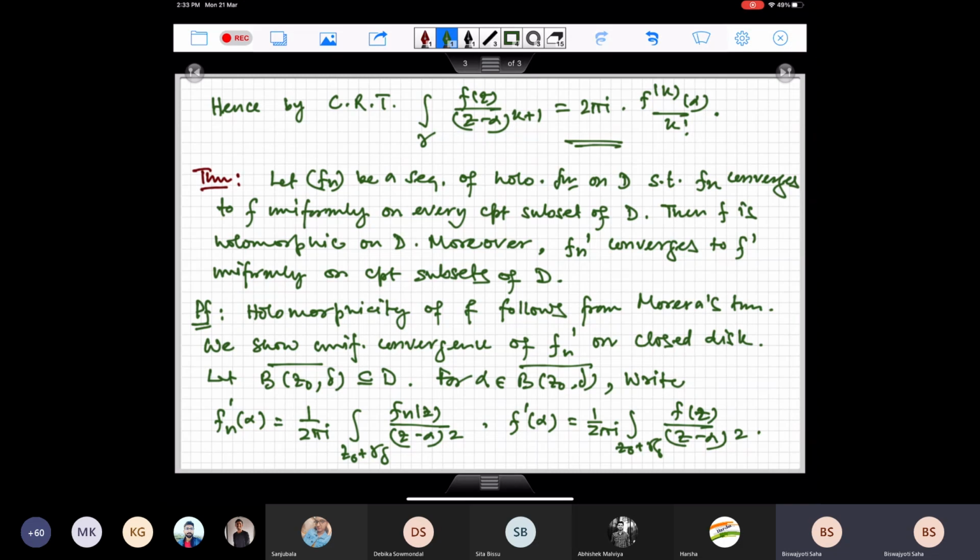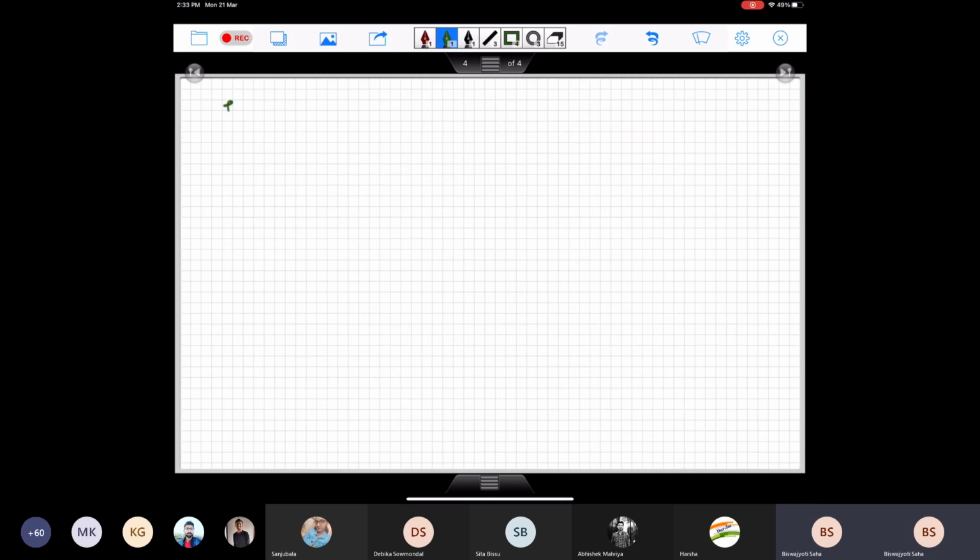So what's the difference between these two quantities? fn prime of alpha minus f prime of alpha is 1 upon 2 pi i integral over z naught plus gamma delta, which means the circle of radius delta centered at z naught, of fn z minus f of z divided by z minus alpha square. This is precisely what I have.